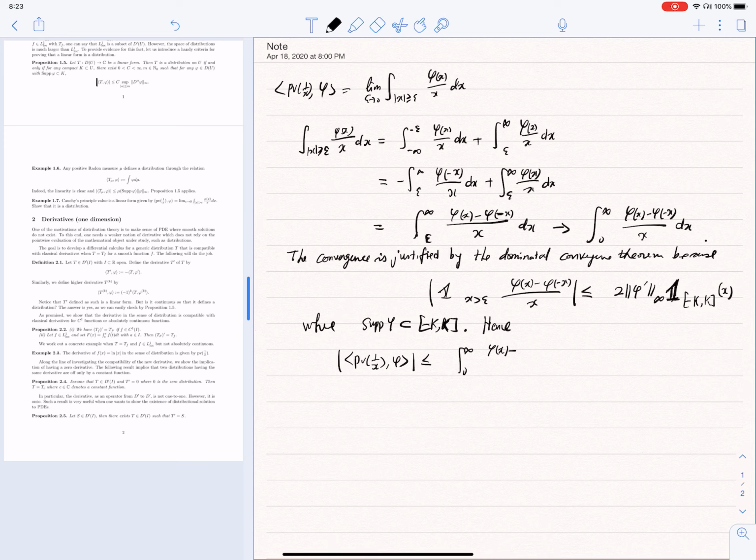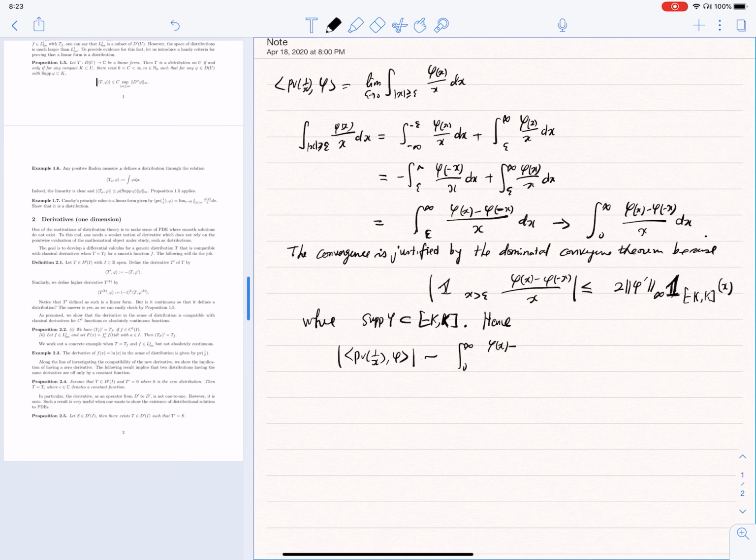Actually, it is more than bounded, it is an identity, because this is the limit of that, and we have shown that this limit is this value, the integral of phi of x minus phi of negative x over x dx.